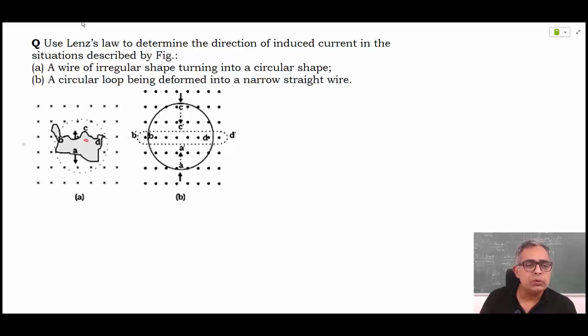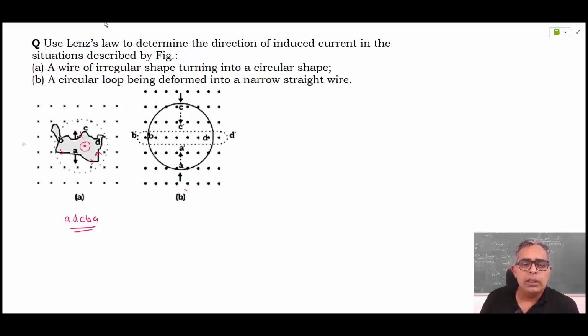So for this situation we need a magnetic field perpendicular to the screen towards us. In order to produce such a magnetic field, the direction of the induced current must be anti-clockwise. So the direction of induced current must be written as A, D, C, B, A.